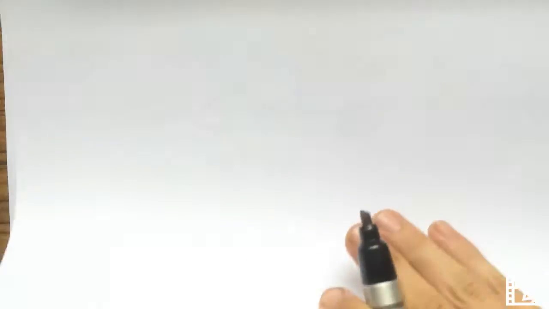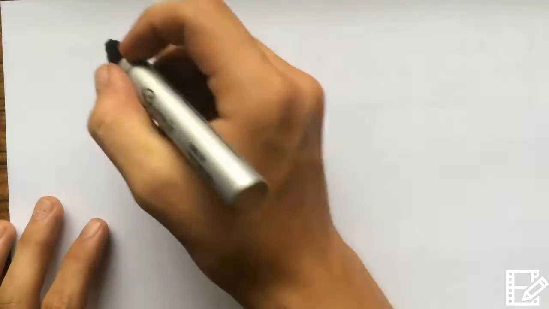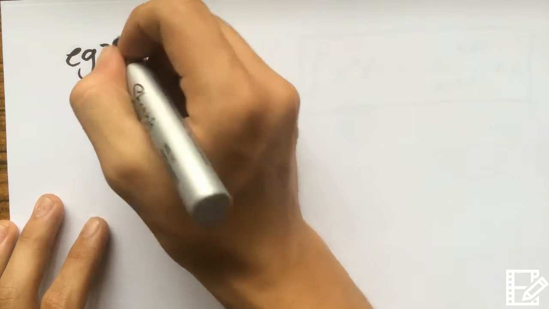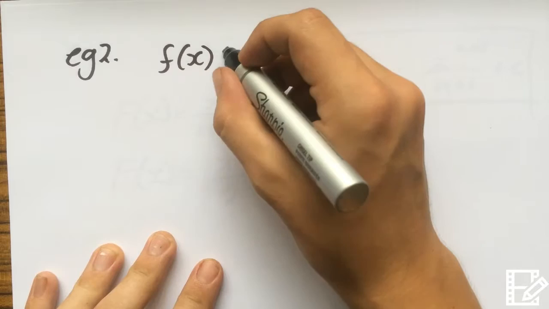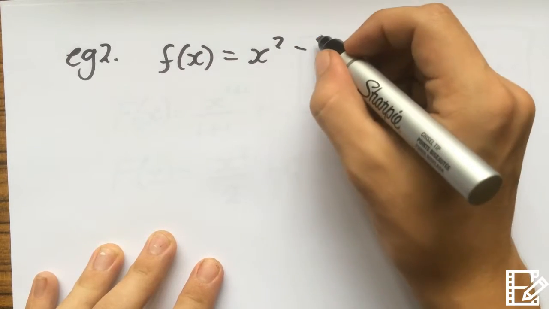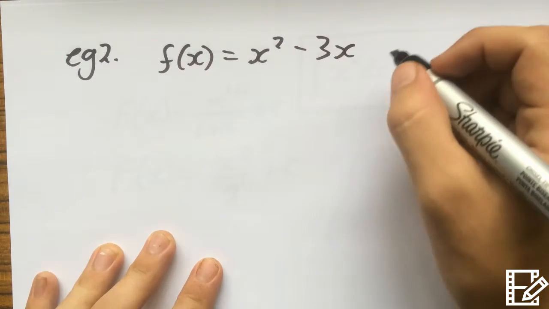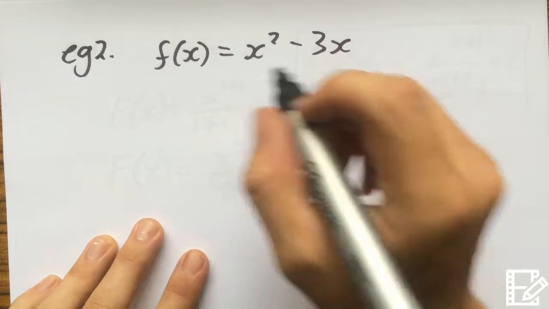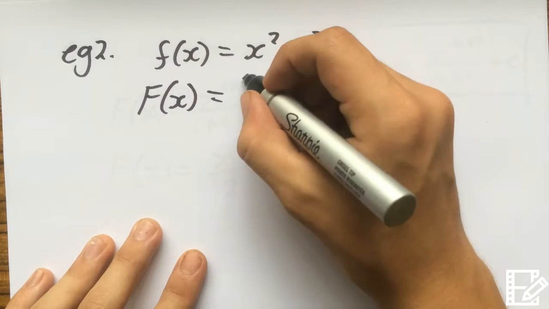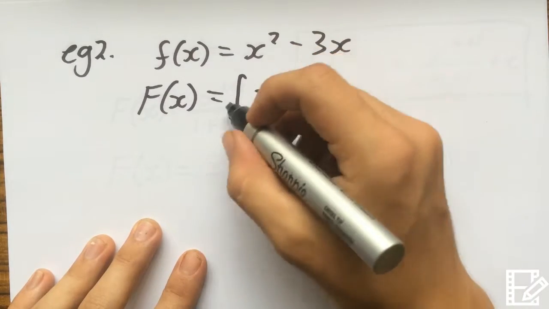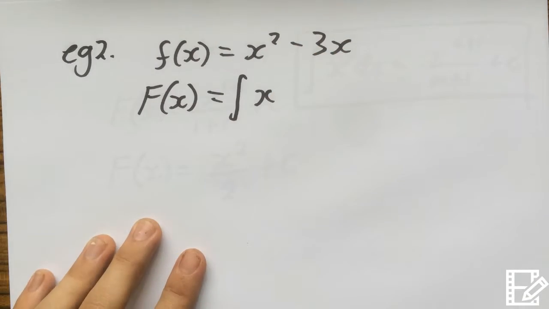Okay, so I'll do the second example now. Example 2: we have f(x) equals x squared minus 3x. Now, capital F signifies the integral. We put the integrand symbol there.